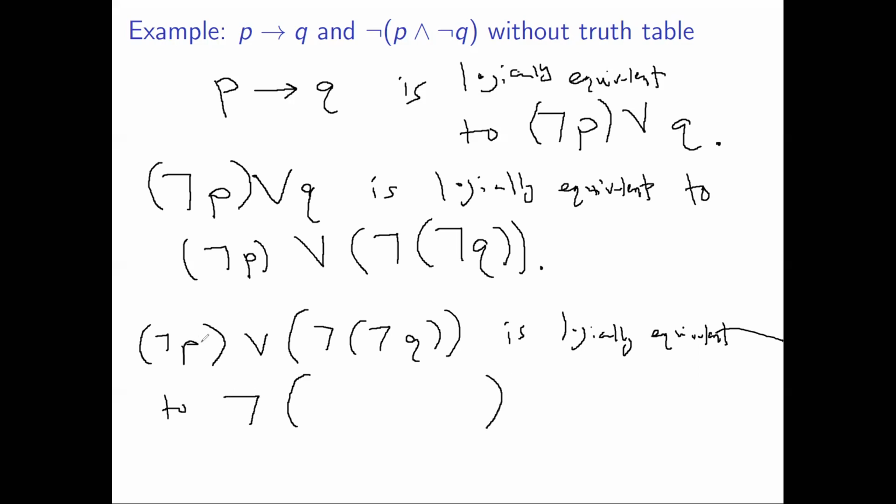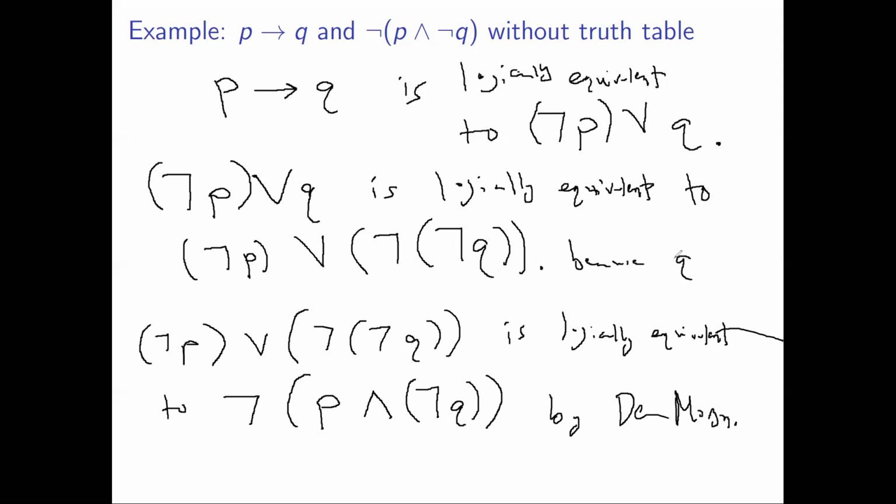So we took a not off of the left disjunct to get a P. We have a conjunction there, and a not off of the right disjunct to leave us with a not Q. This is by De Morgan's law. And this is because Q is logically equivalent to not not Q.